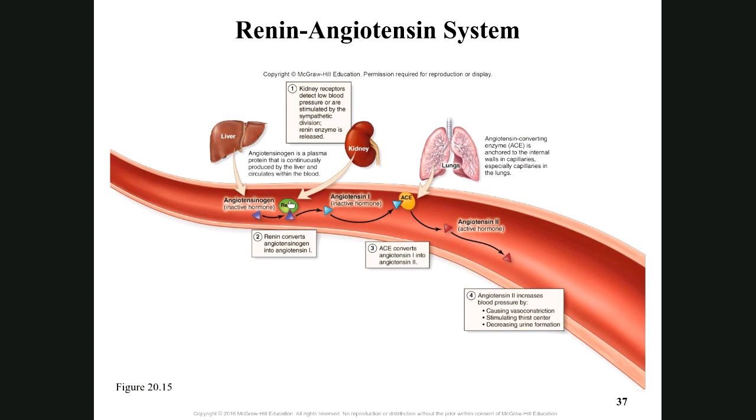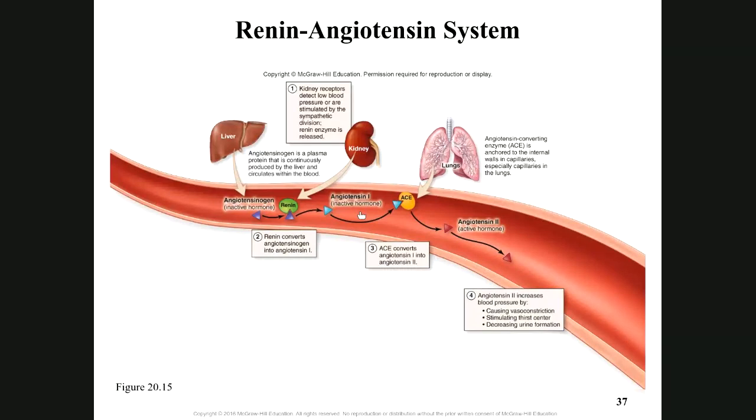Sorry, we have a protein from our liver, which we call angiotensinogen. This protein is a hormone, and renin works as the enzyme on this angiotensinogen and changes it into angiotensin 1. Angiotensin 1 is an inactive hormone.